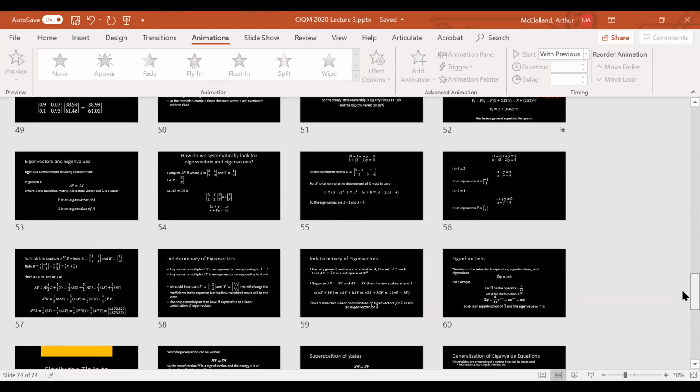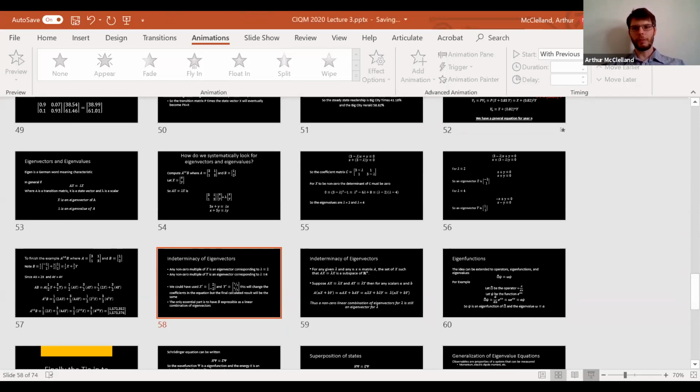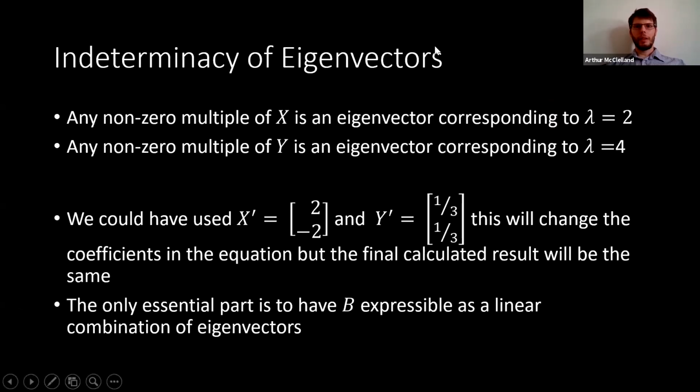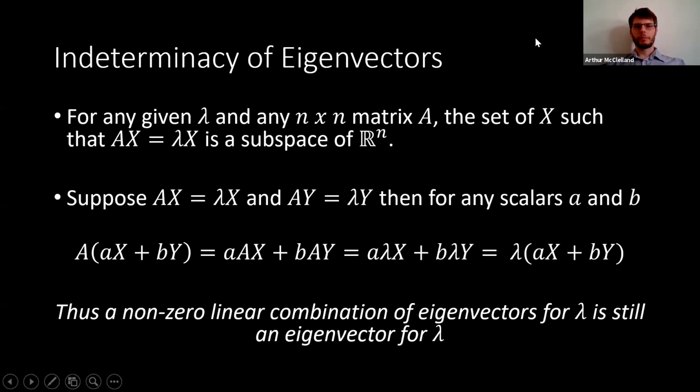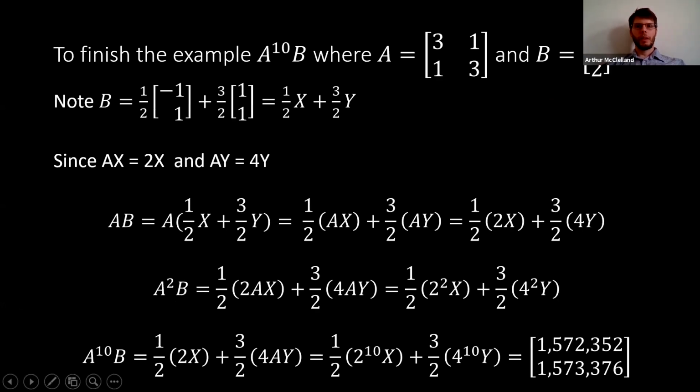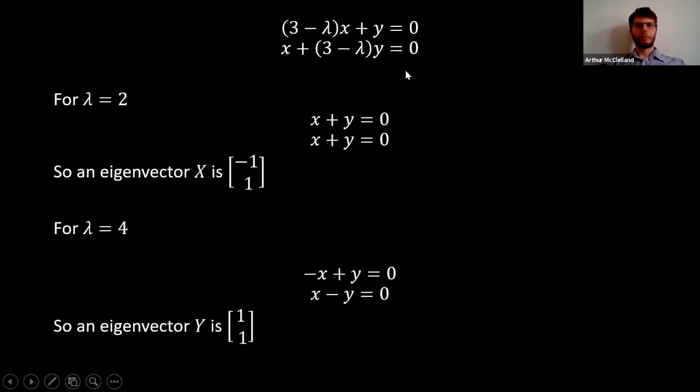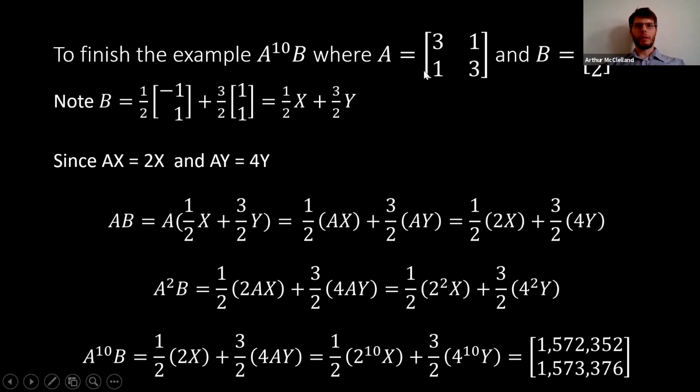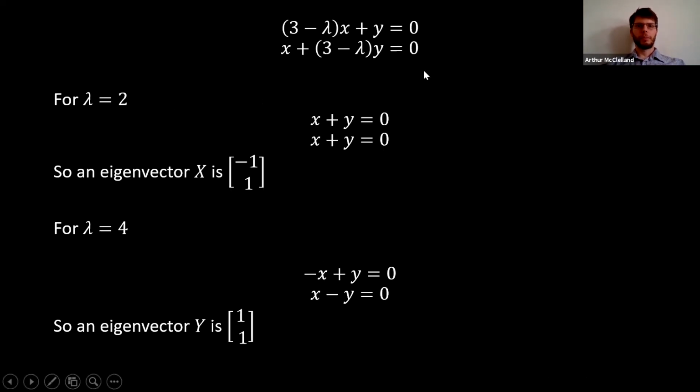Oh, someone asked a question if I could go over the indeterminacy of eigenvectors again. Okay. So it really comes out of here. The eigenvalue is set: the eigenvalue is 2, or the eigenvalue is 4.